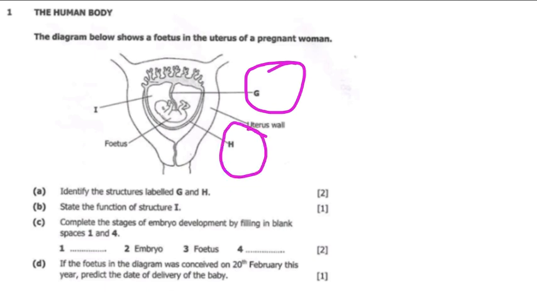When you follow these lines, they are taking you to the part that is labeled G. So as you can see, the part labeled G is the umbilical cord, and the part labeled H is amnion.